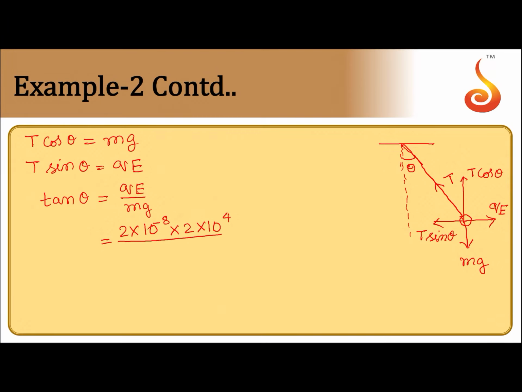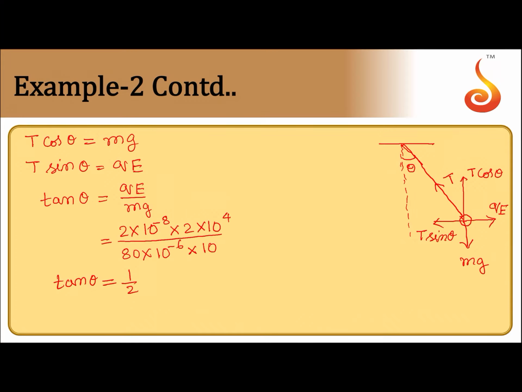Mass of the bob is 80 milligram, that is 80 into 10 to the power minus 6. g is 10. So, if you simplify this, you will get it half. So, tan theta is equal to half.